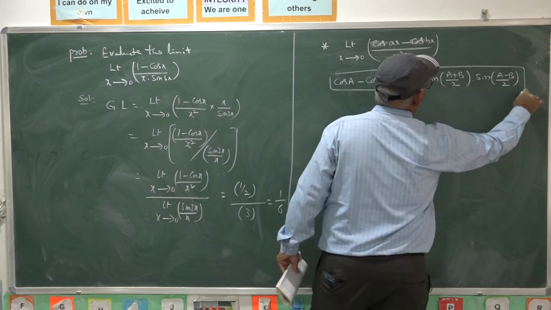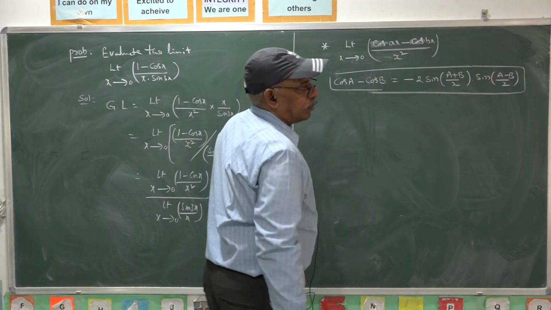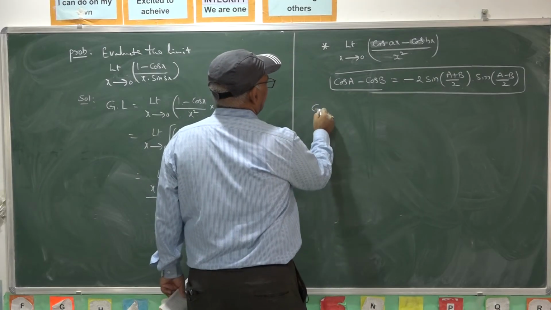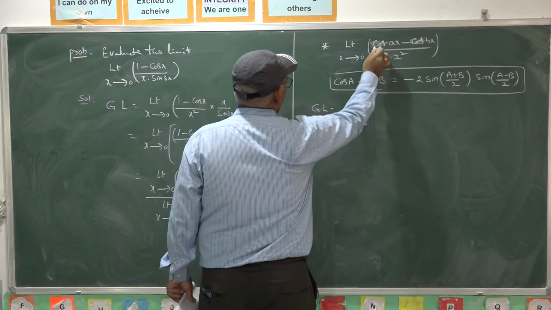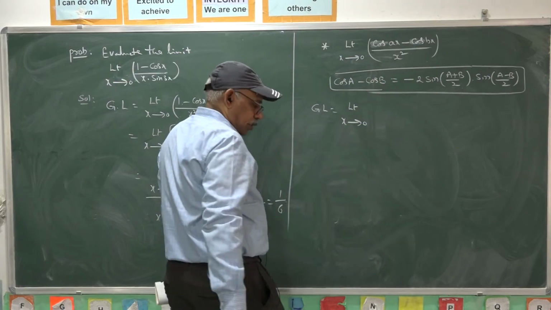So, based on this, change the given limit, as the numerator is of the form cos a minus cos b.